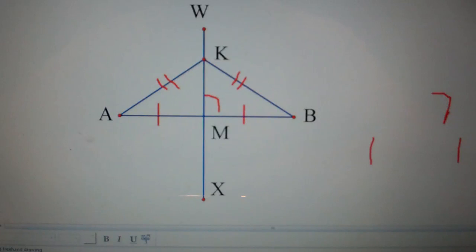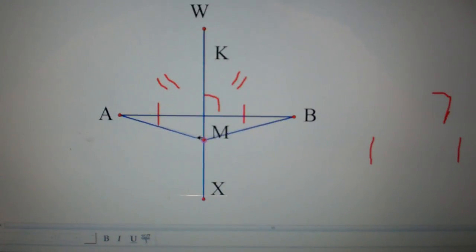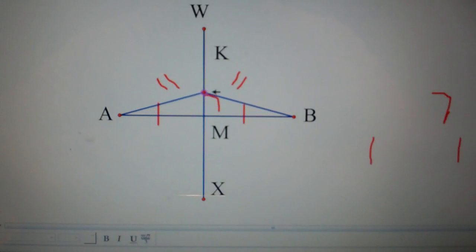Now again, I can move this point K along this line, and wherever I move it to, it's going to be equidistant from the points A and B. I can even move it down here. No matter where I put this point K along the perpendicular bisector, it will be equidistant from the two endpoints.